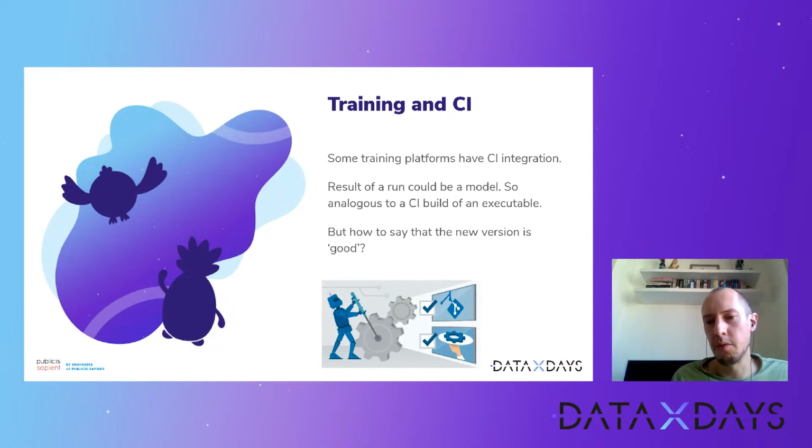But that means you then have to have a definition of which is the best model, and then you have to make a choice from that. Whereas traditionally with continuous integration, you normally just build continuously, and as long as the build is successful, it goes through. But that's not to say there aren't similarities between these training platforms and CI, and sometimes the training platforms have integrations available to CI systems.